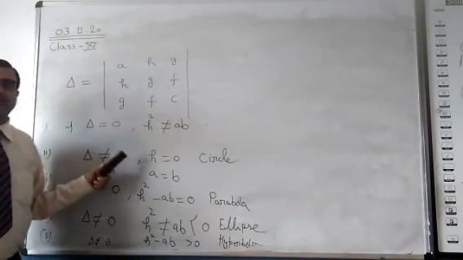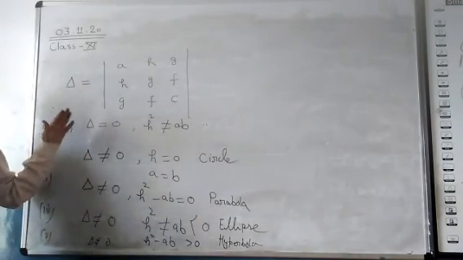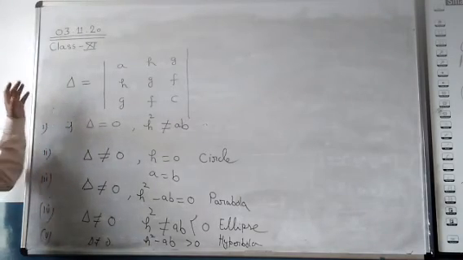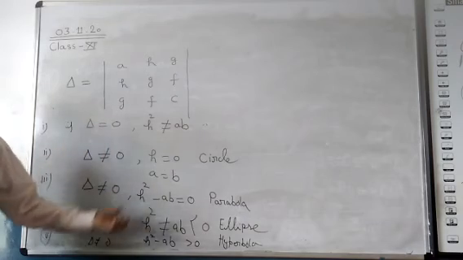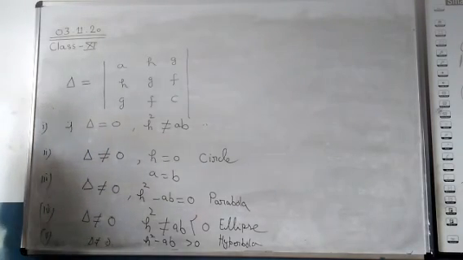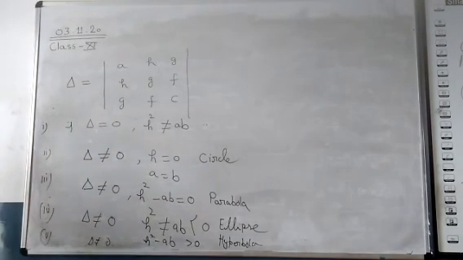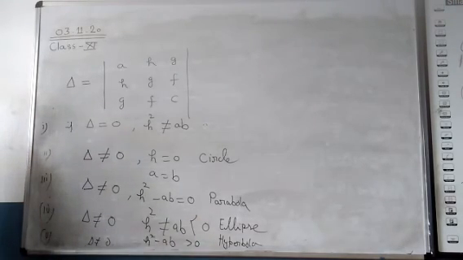These are very important conditions. With the help of this, we can determine whether the given equation is a circle, parabola, ellipse, or maybe a hyperbola. Let's consider an example based on this formula. Write down.